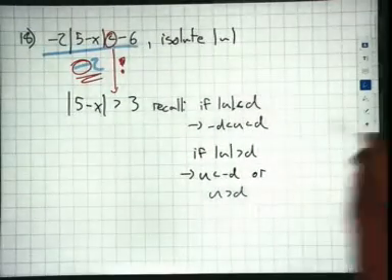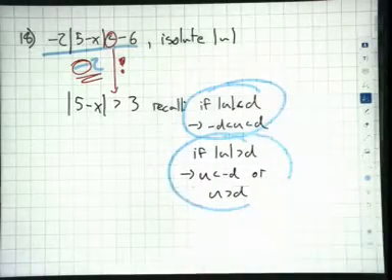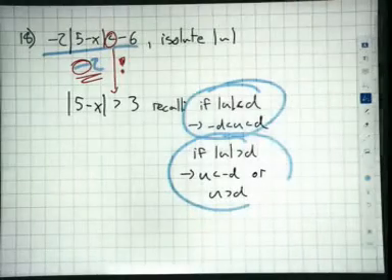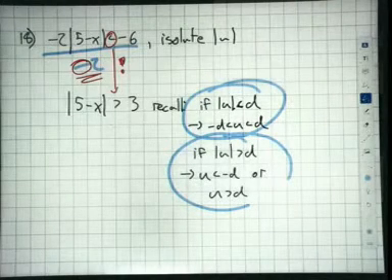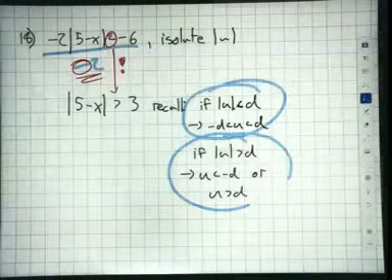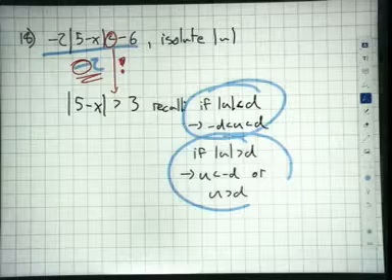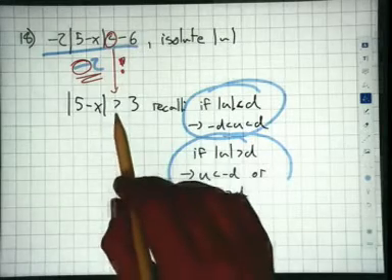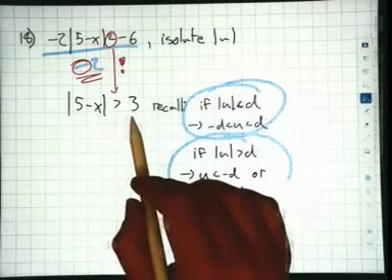So these are the two statements that we have to be aware of when it comes to solving absolute value inequalities. I'm looking at my situation, and I see the absolute value of x minus 5 is greater than 3.